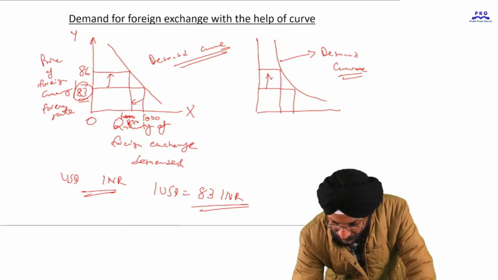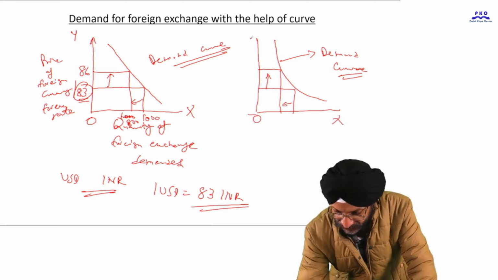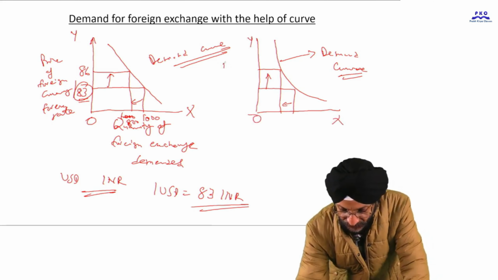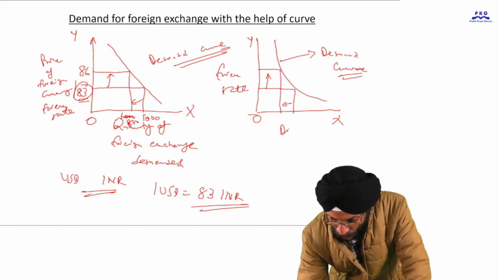This is the increase in price, this is the decrease in demand. This is X, this is Y. This is the forex rate. This is the quantity demanded of foreign exchange.